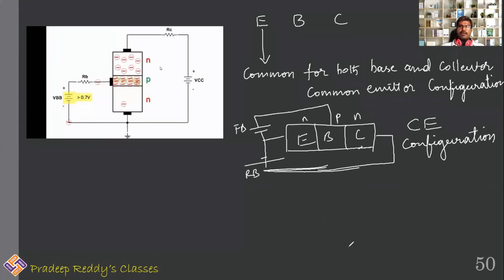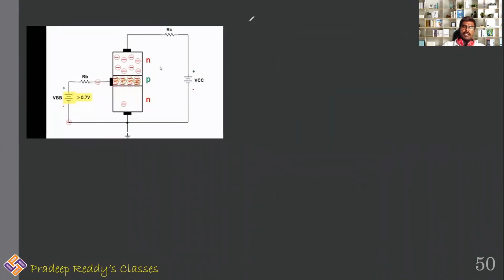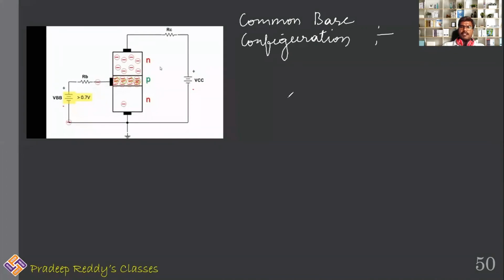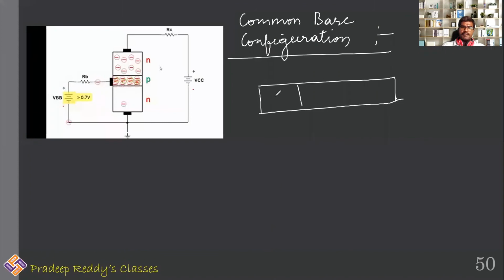Likewise, you have the common base configuration. Common base configuration means you have a transistor with emitter, base, and collector, and the base is in common for the first and second junctions.